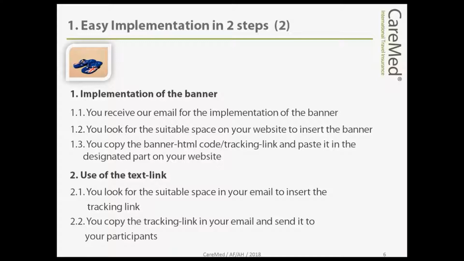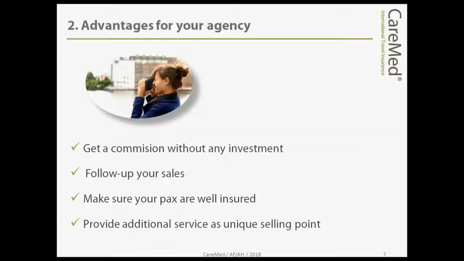And then you can also use the text link. You look for a suitable space in your email to insert the tracking link, and you simply copy the tracking link into your email in order to send it to your participants. And that's already it. So you see, it's very easy to get started with this.